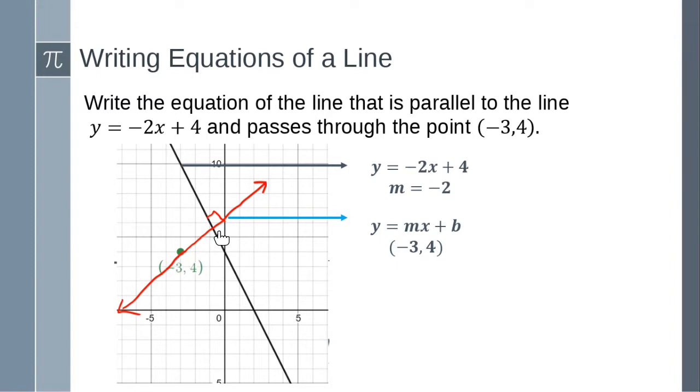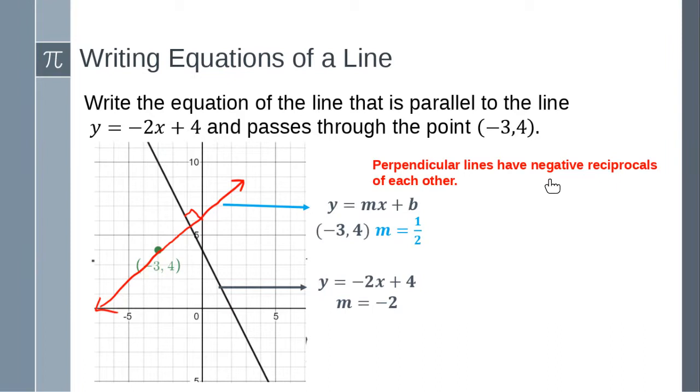And for this perpendicular line that we're looking for, all we know is that it passes through the point -3 and 4. So for perpendicular lines, they have negative reciprocals of each other. So just a quick review of what reciprocal means.